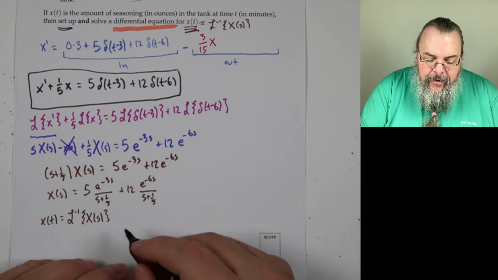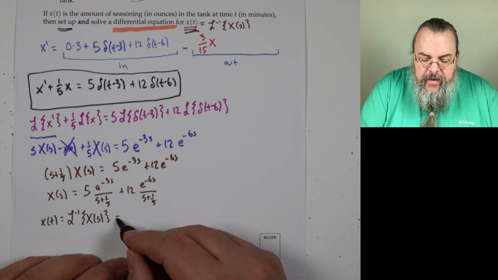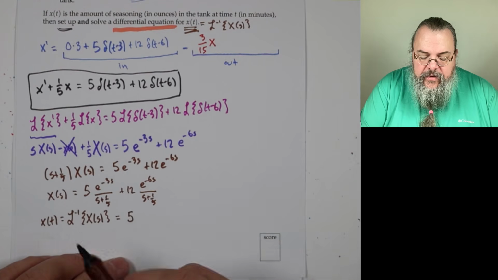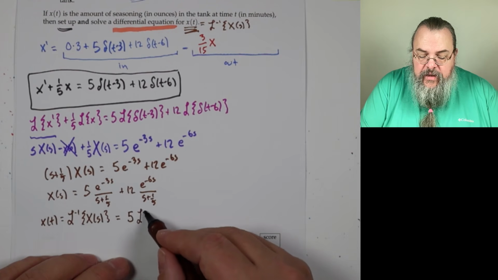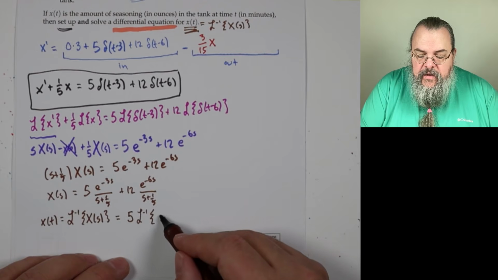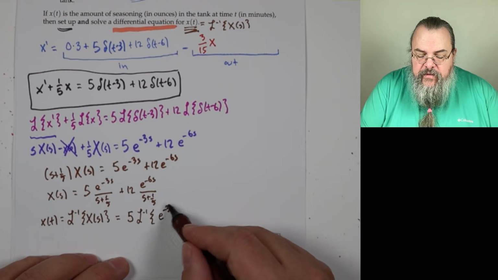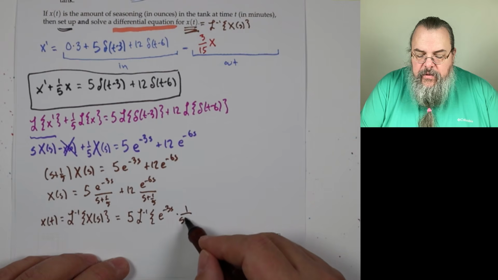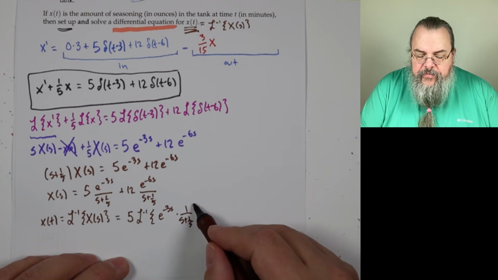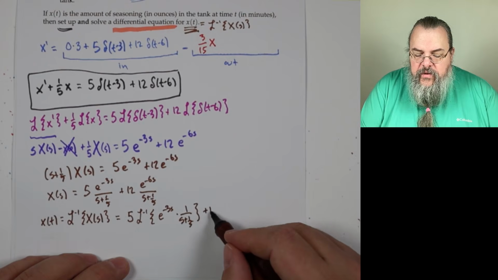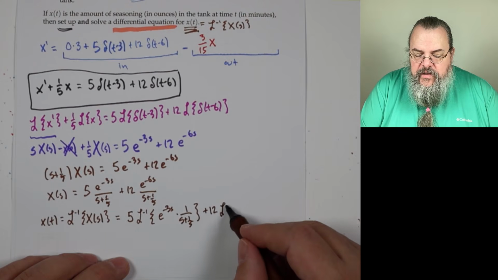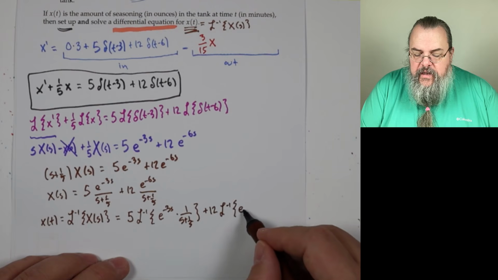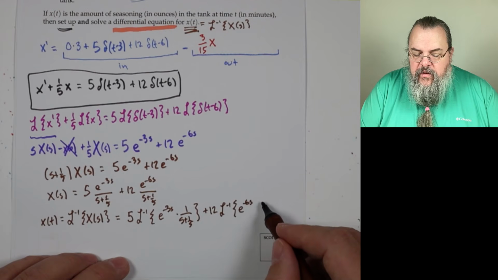All right, now this becomes 5. We can pull that out because it's a constant. I'm going to think of this as the inverse Laplace of e to the minus 3s times 1 over s plus 1/5, plus 12 times the inverse Laplace of, again, e to the minus 6s times 1 over s plus 1/5.